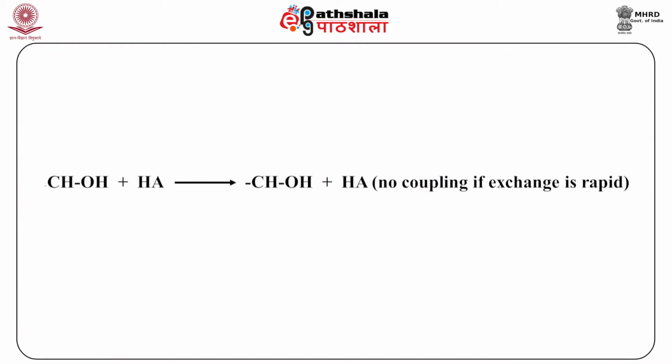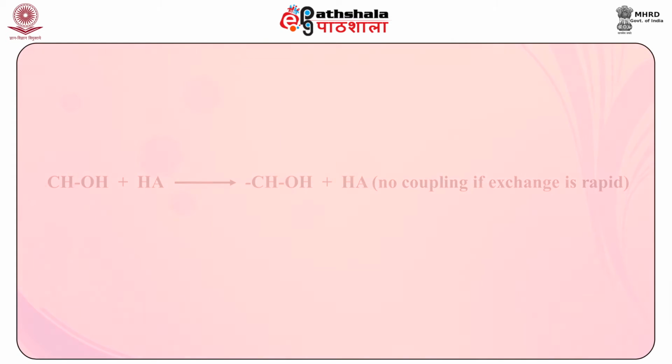Now, the OH hydrogen is usually not split by hydrogens on the adjacent carbon, that is CHOH, because rapid exchange decouples this interaction. Exchange is promoted by increased temperature, small amounts of acid impurities or the presence of water in the solution.